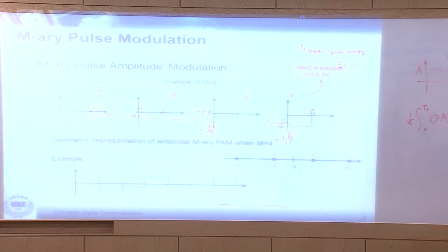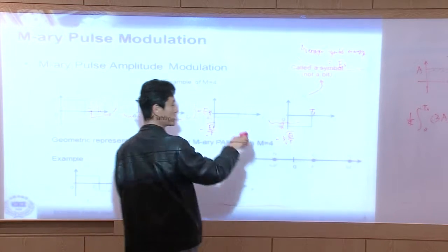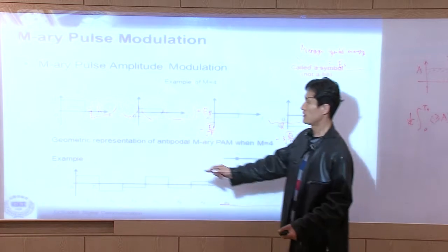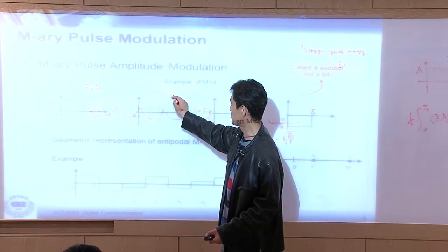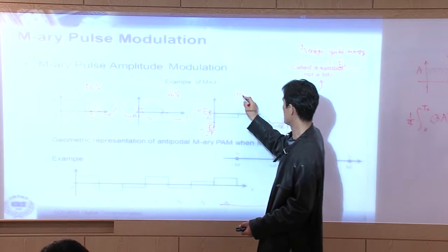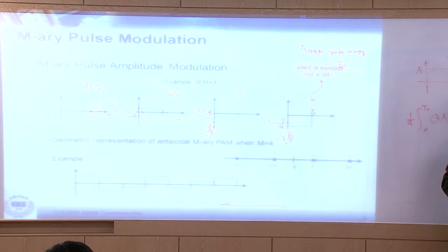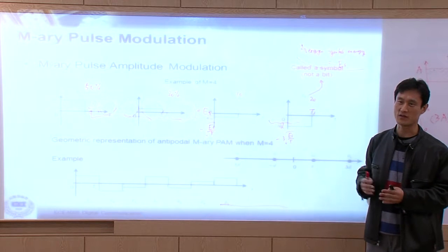Now, what if the probabilities of those symbols are not the same? For example, S1 is transmitted 50%, this is 20%, maybe 10%, 20%. If this is the case, unequal transmission, how do you calculate the A? Now A is going to be different.